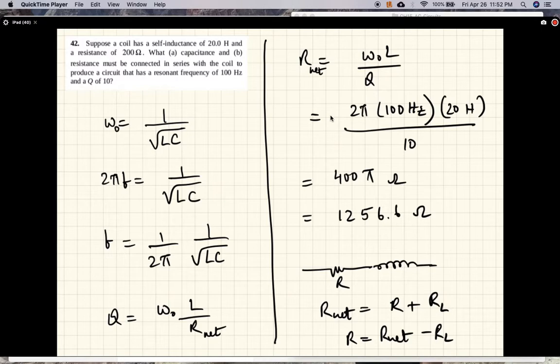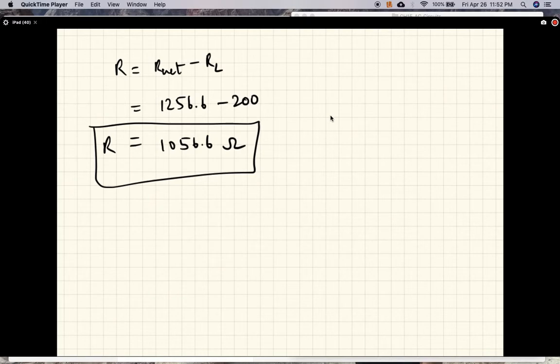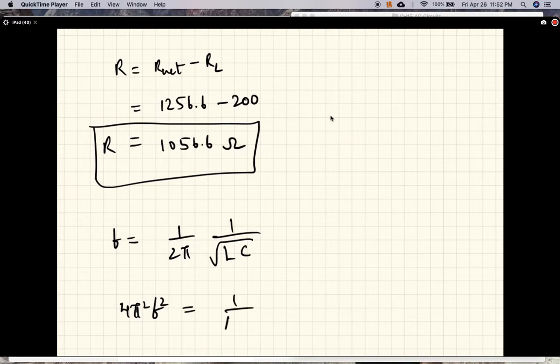All right, and then now we'll calculate the value of the capacitance. Okay, so f is equal to 1 over 2 pi square root of LC. So actually it's 4 pi squared f squared equal to 1 over LC.